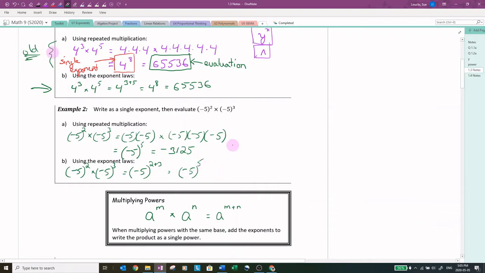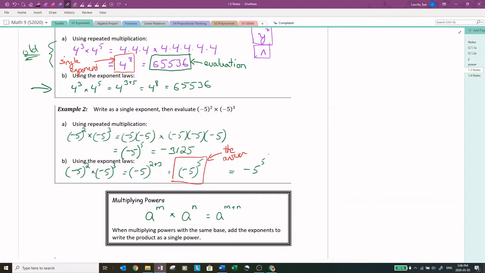Just to be clear, this is the answer. But it does also equal negative 5 to the 5th without brackets, because it's an odd number of negatives, that does work.